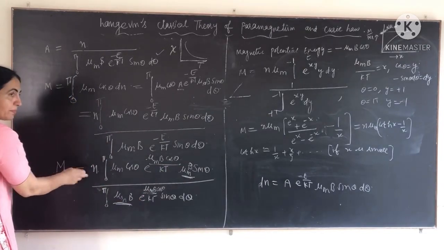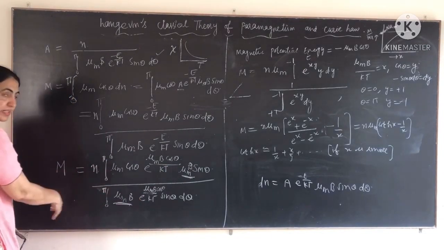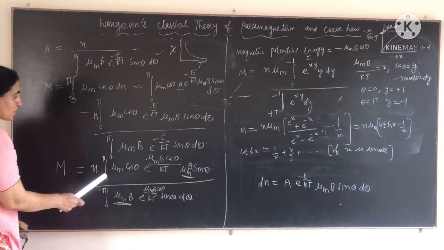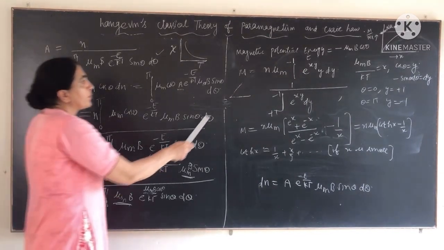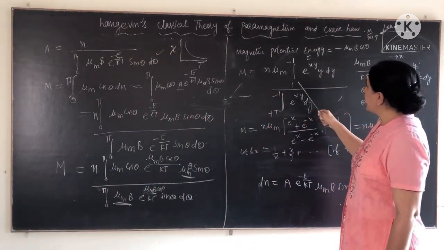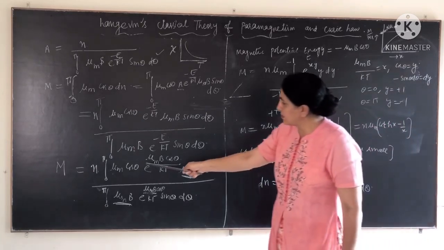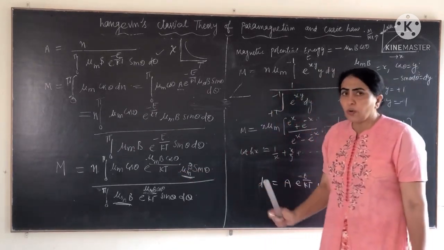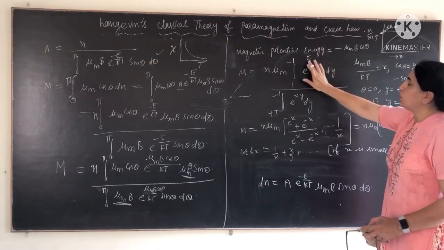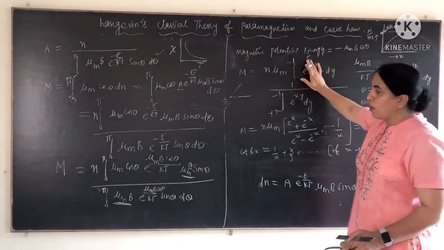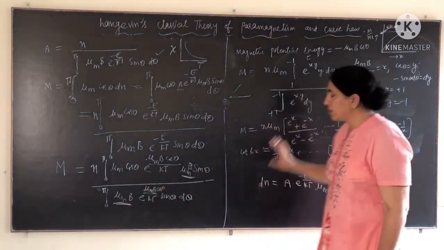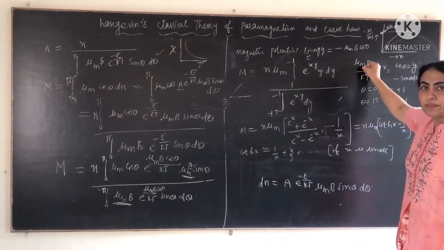This mu_m is outside the bracket, outside the integration. So N into mu_m, integration. Now in the integration, we cancel mu_m B. Clear? Cancel.